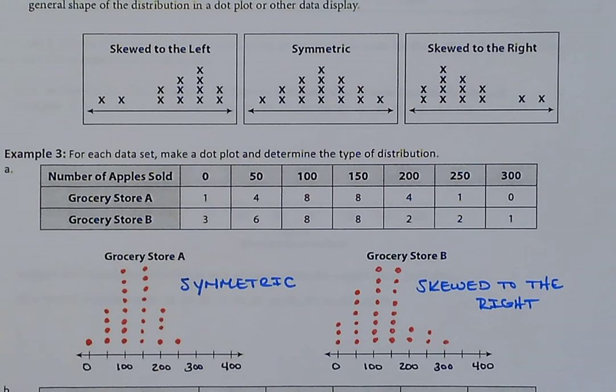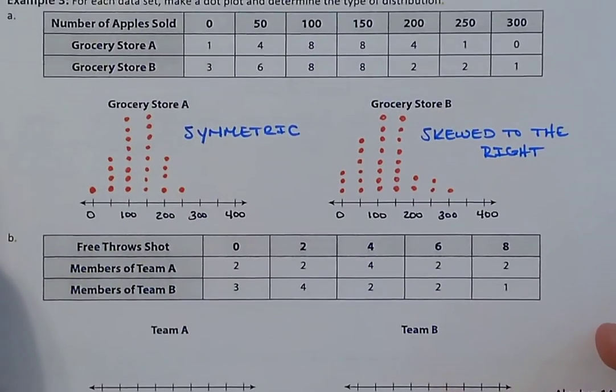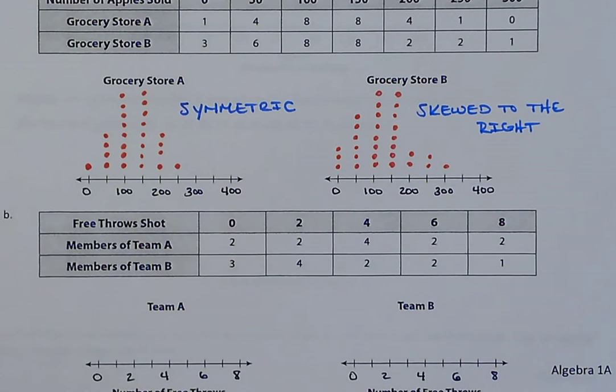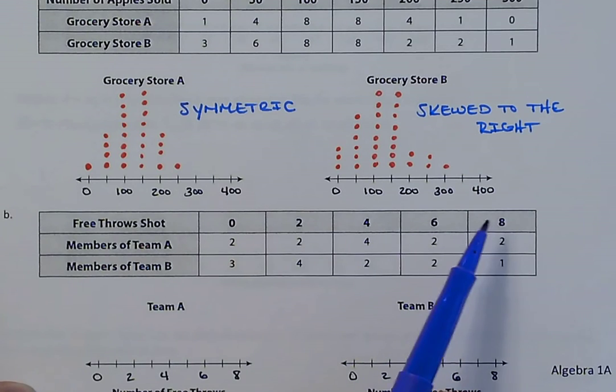All right, lastly, all we have to do is run through part B just to give us one more example of dot plot and then determining the type of distribution. So for part B, we have free throws shot and the members of team A and B. If we look at team A, we have the different sets of 0, 2, 4, 6, 8.